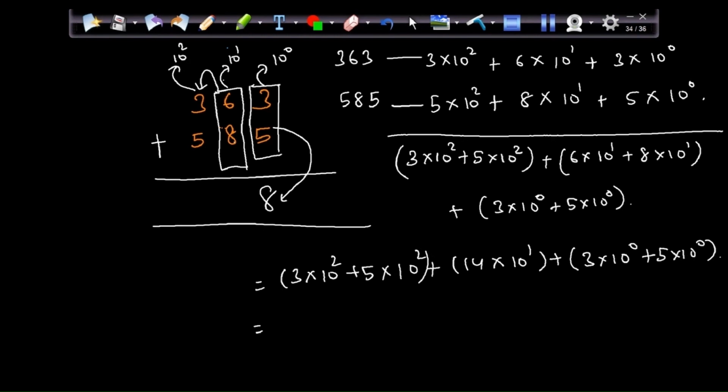So as you can see, this is 14. You can write this 14 as 10 plus 4, right?